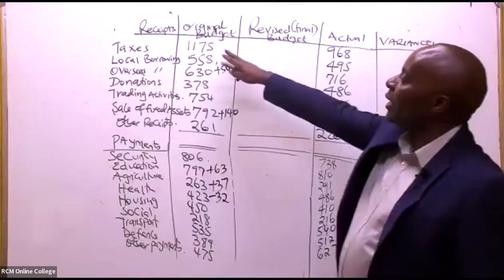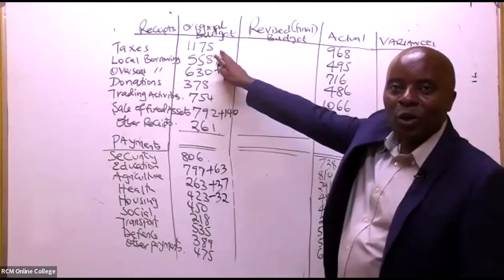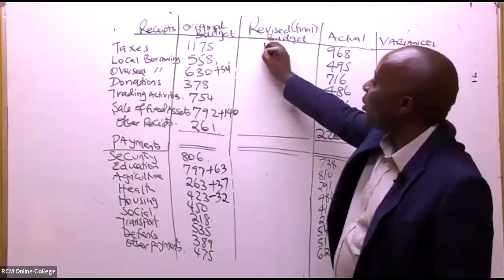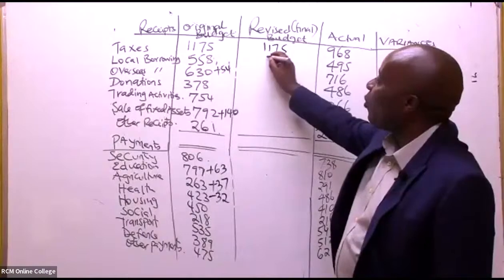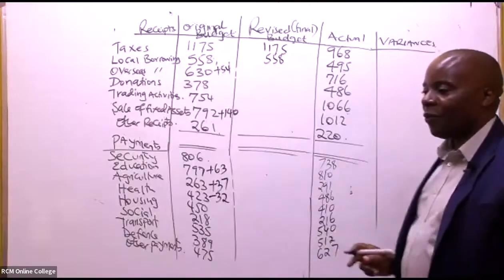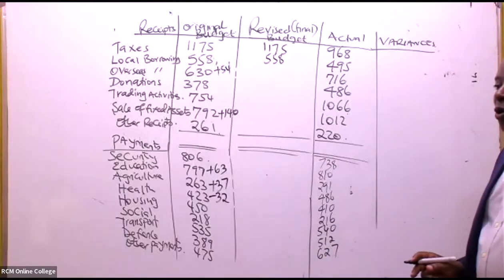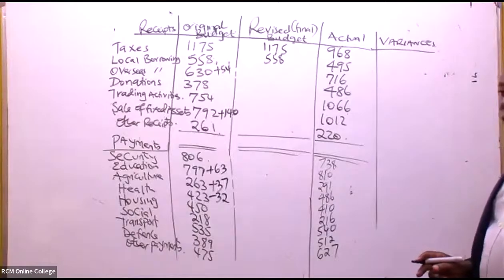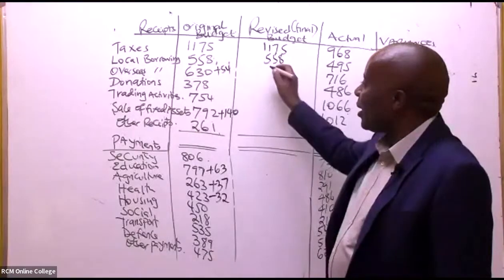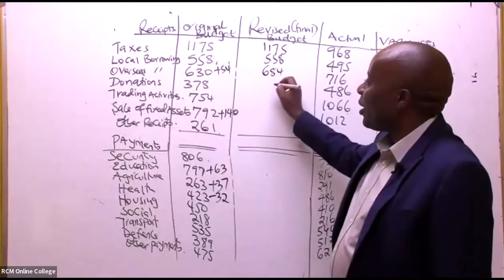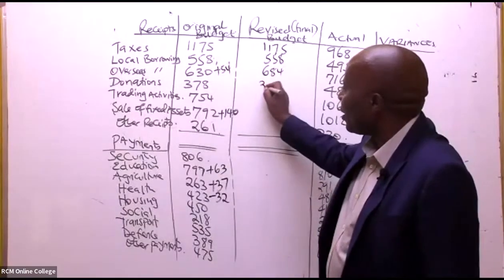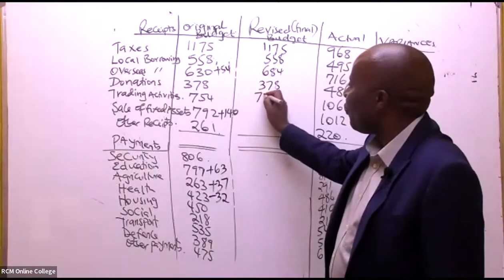Now come and give us the final budget here. Remember, any figures not proposed to change will always remain. So we have here 1175. We have here 558. But now these must change. So what is 630 plus 54? 684. This has no recommendations for changes, so 378 remains. 754 remains.